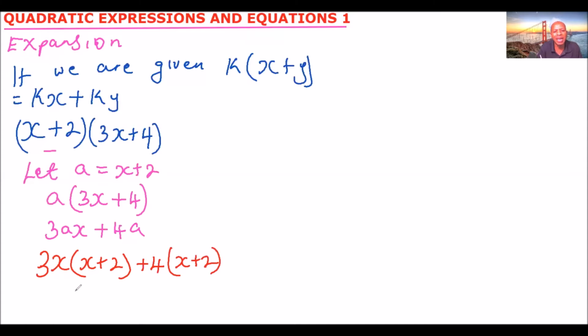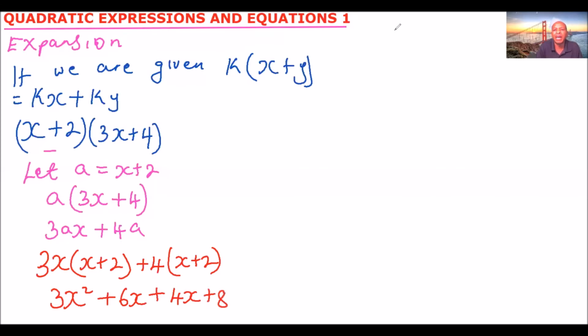This will be 3x multiplied by x, that gives 3x squared. Then we have 3x multiplied by 2, that will give us 6x. We are through with that. So we multiply 4 times x, that will give us 4x, and 4 multiplied by 2, that will give us 8.